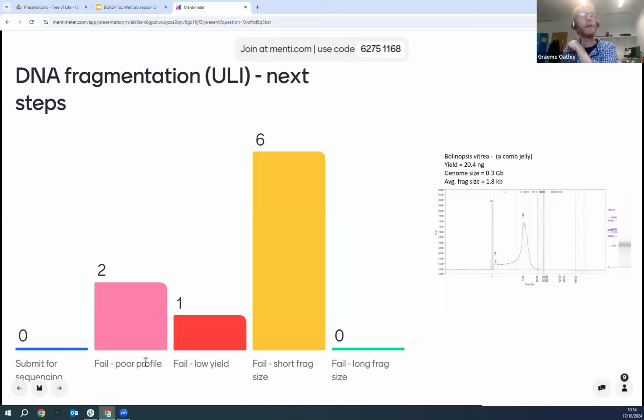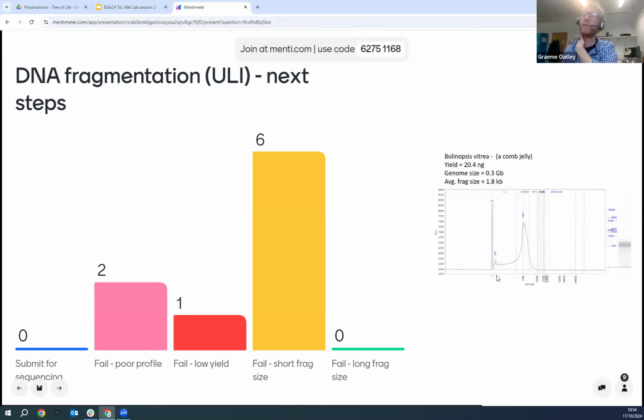This subtle difference tells us something about what's happened during our protocol. It tells us that the sample hasn't sheared to the right fragment length, which is disappointing, but also our spry hasn't got rid of the really low molecular weight DNA.